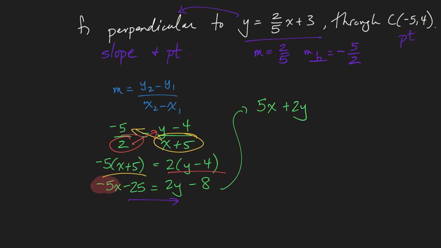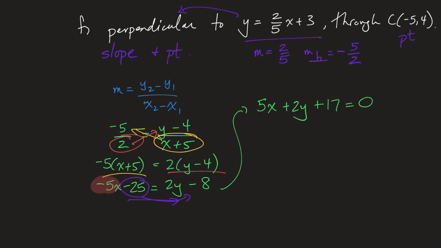It's still at a positive 2y. And now I need to get rid of this negative 25, and so to get rid of a minus 25, I need to add 25, and that gets us to positive 17. Everything's on one side, so it's equal to 0 on the other side. If we got down to that, then I think we are doing great for today.